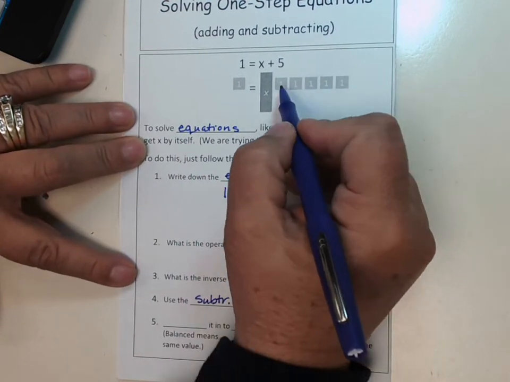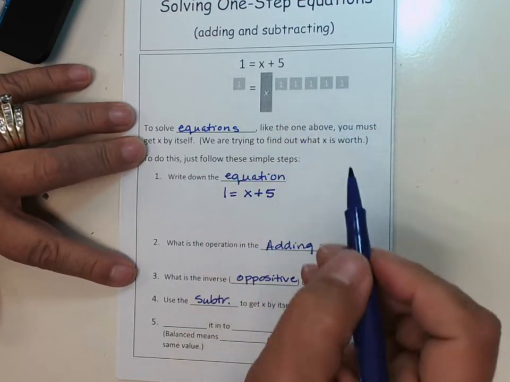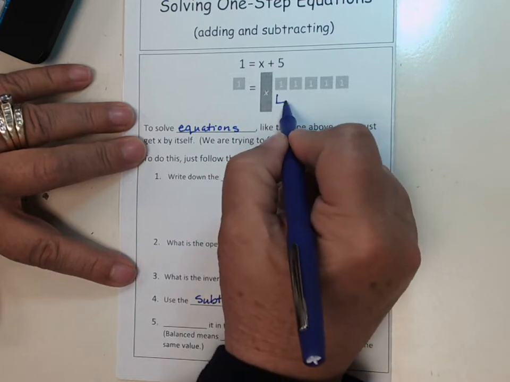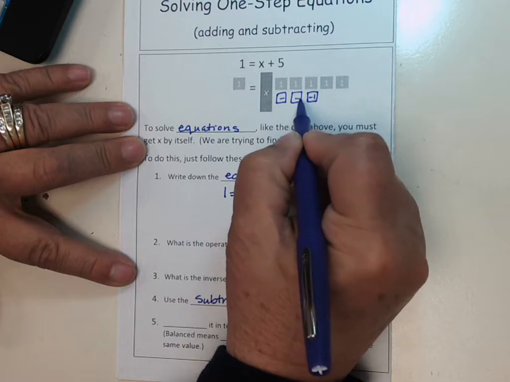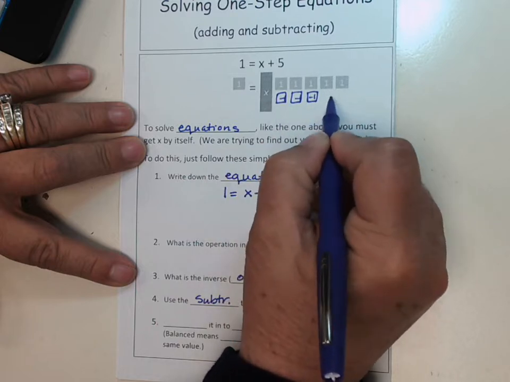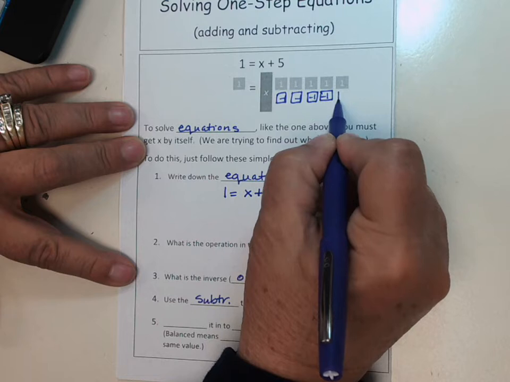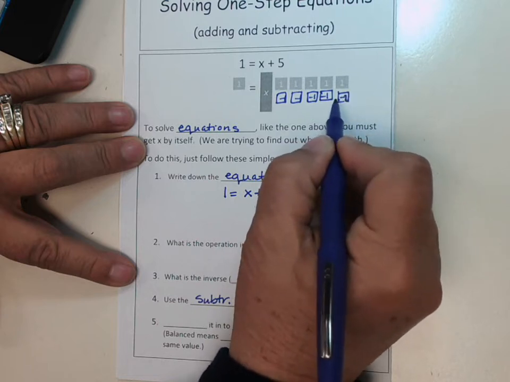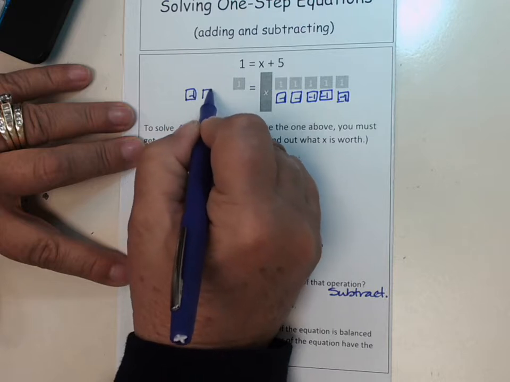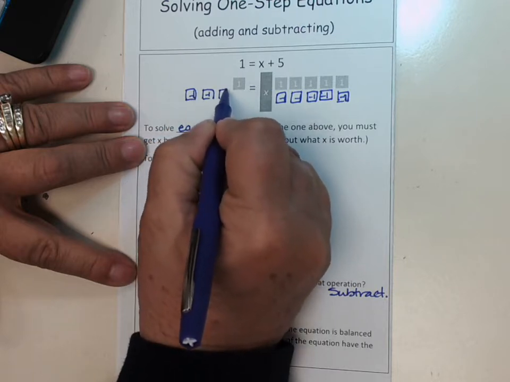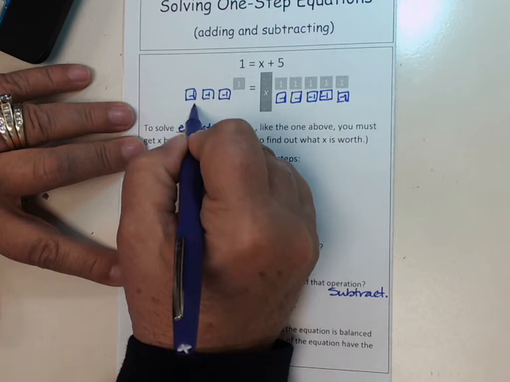So if we have 5 positives over here, what we need to do is put 5 negatives over here. And these are negative ones. But whatever we do to one side, we have to do to the other side. Okay, we talked about this in the video prior.